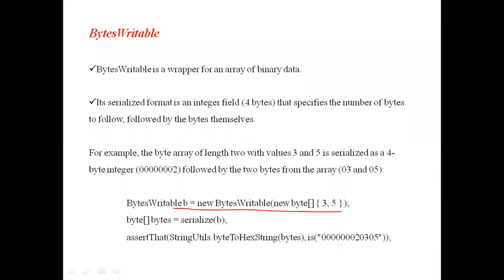Now internally, what will happen is, whenever 3, 5 is given to this object, it will be serialized. The object will go for serialization. What is meant by serialization? Data will be converted into bytes, into a byte stream.